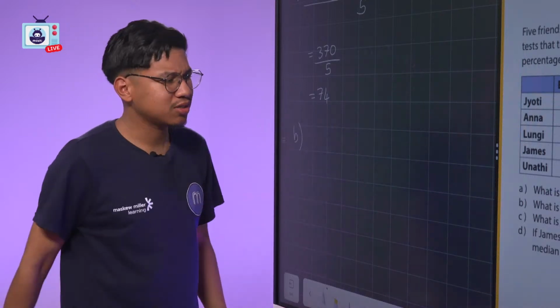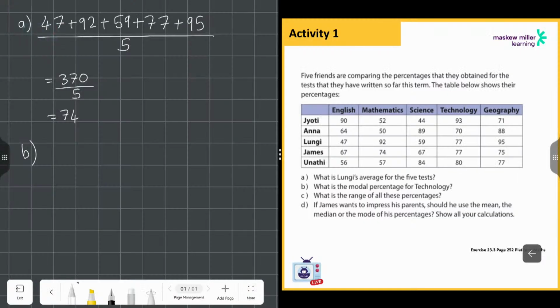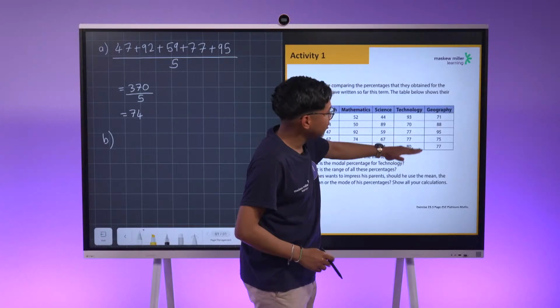Right, let's see what B is asking. B is asking, what is the modal percentage for technology? So now I'm only interested in technology, right? I'm not interested in the other 4 subjects. What is mode again? The modal is the most occurring number. So what number is occurring most frequently for technology?